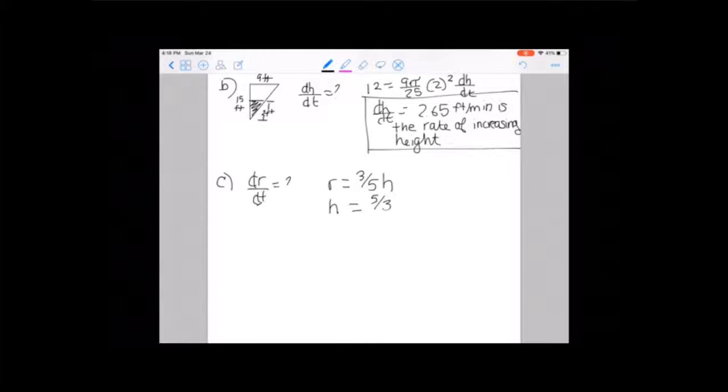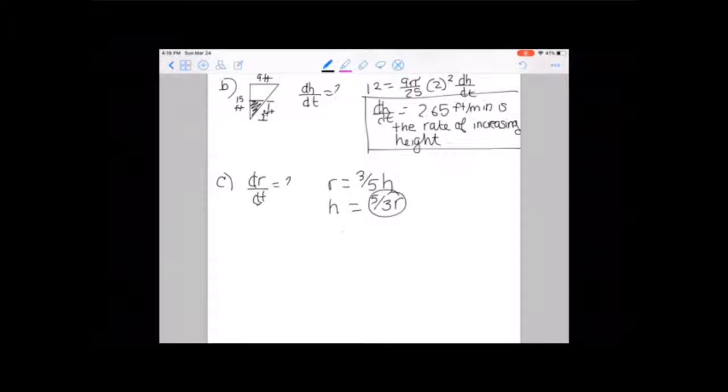And if you see, a less complicated approach to finding dr over dt is simply taking the derivative of h equals 5 over 3 times r. And that is what we can do.